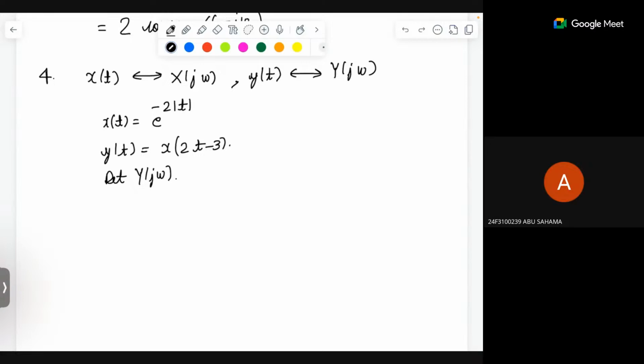Here you will be using two properties, time shifting and time scaling.